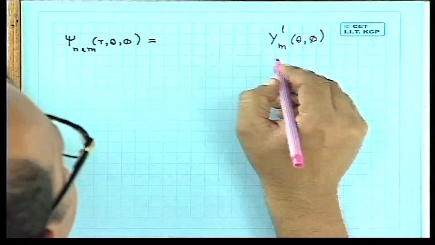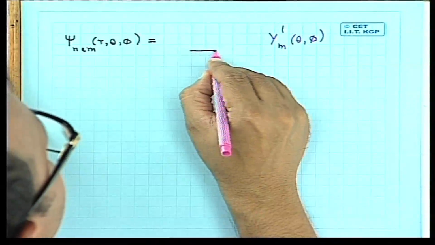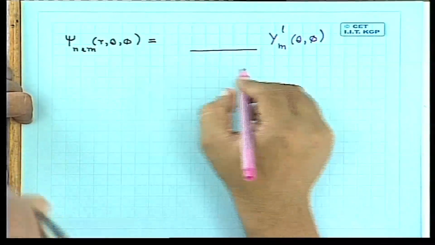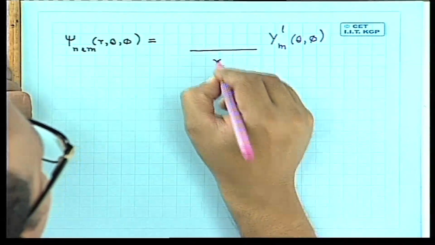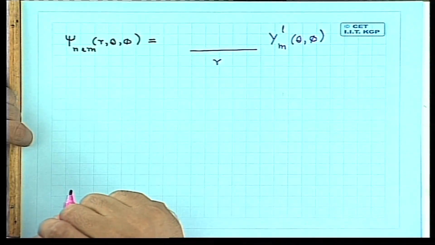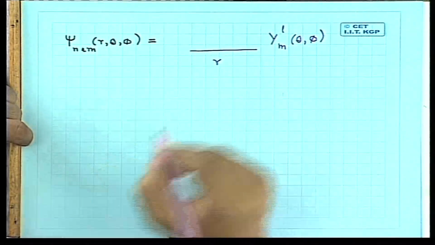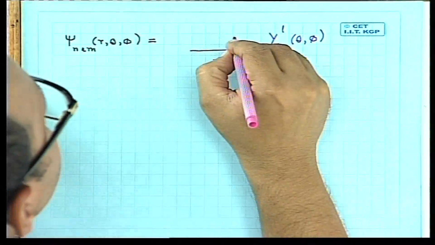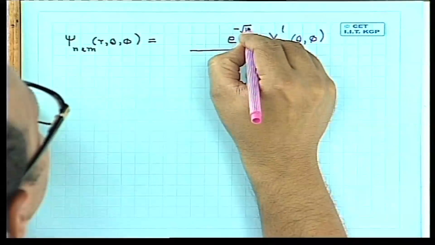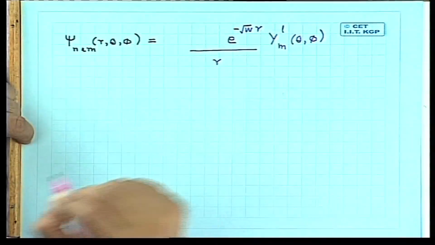The second part is there is a 1 by r, because we had defined G as some f by r, so there is a 1 by r over here. And then there was an exponential, e to the power minus square root of W into r.